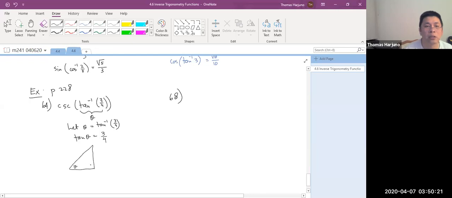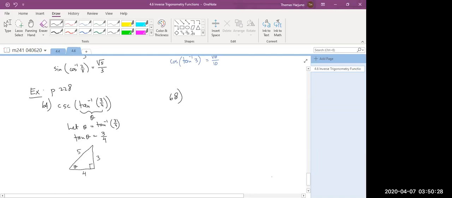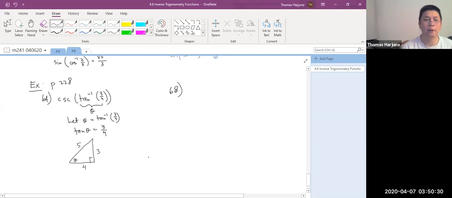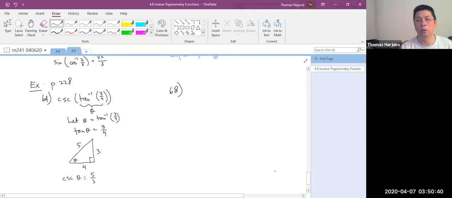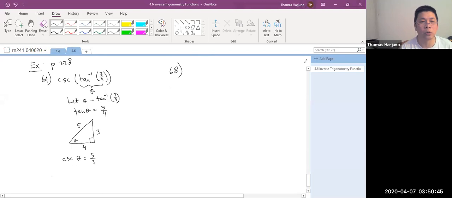Let's say this is theta, then this is 3, this is 4. What is the hypotenuse then? 5. That happens to be a Pythagorean triplet, right? And then we need the cosecant. Cosecant theta equals 5/3. Therefore, cosecant of tangent inverse of 3/4 equals 5/3.